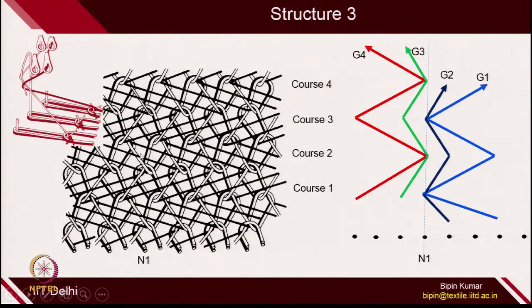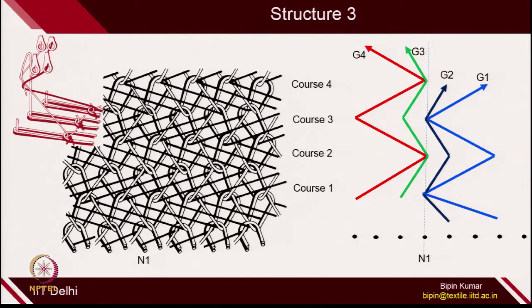This is the loop and the yarn is coming from the left side. In course number 3, follow the horizontal line, this is the loop. Again the yarn is coming from the left side. The same two guides, G1 and G2, are coming back to the same needle N1, and in course number 4 again G3 and G4 are coming.